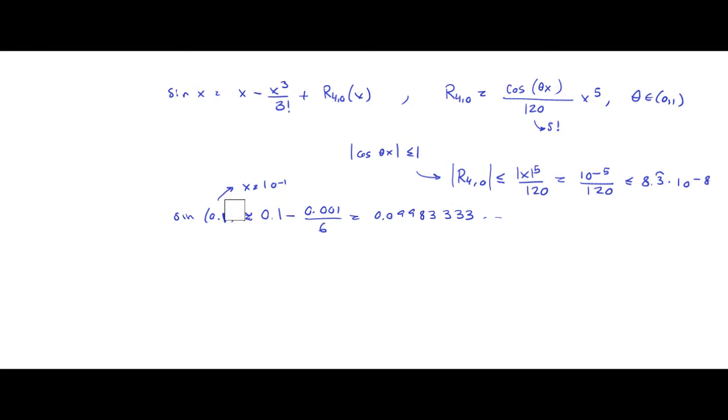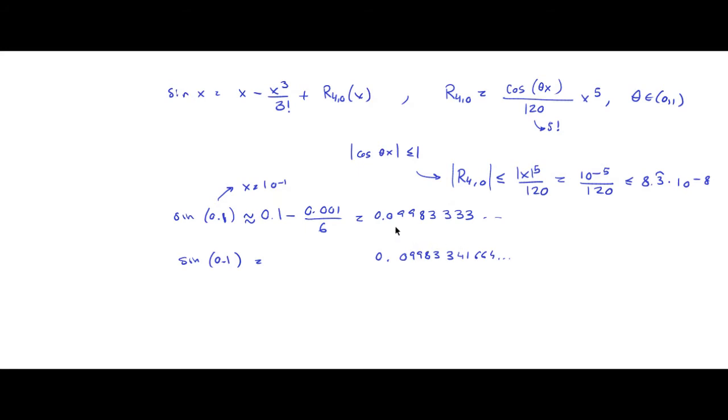Okay, so this is the approximation of the sine. Let me rewrite this, using the Taylor polynomial up to 4th degree. This is approximately equal to this, and the actual value of the sine, if you compute it, is 0.0998333, and then 41664, whatever, right?